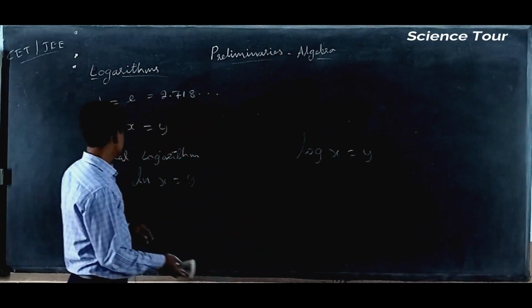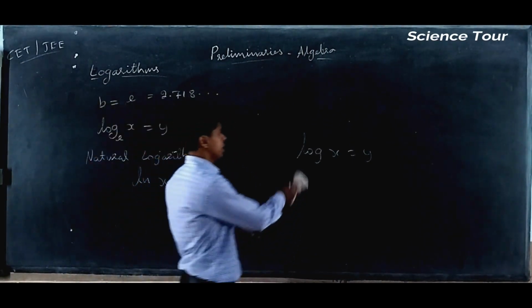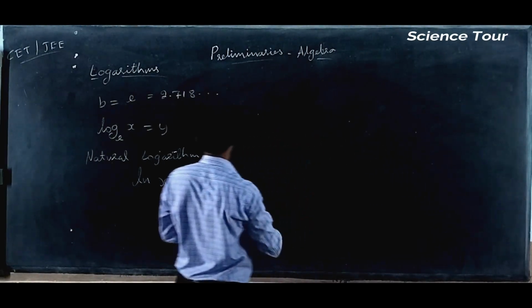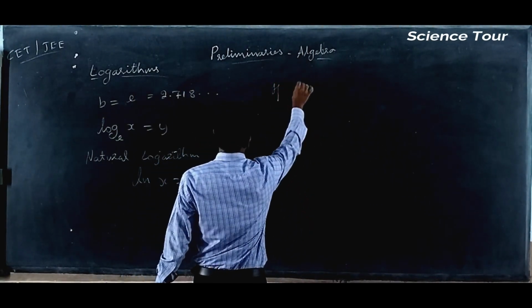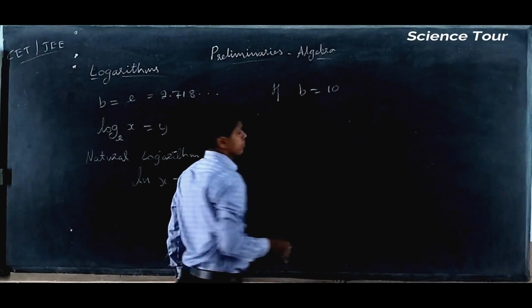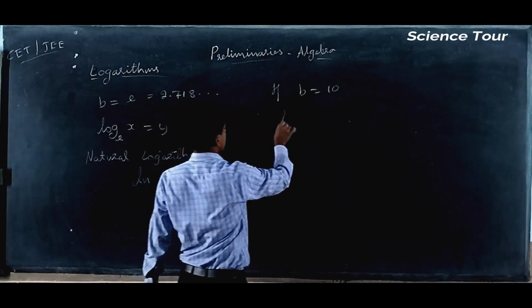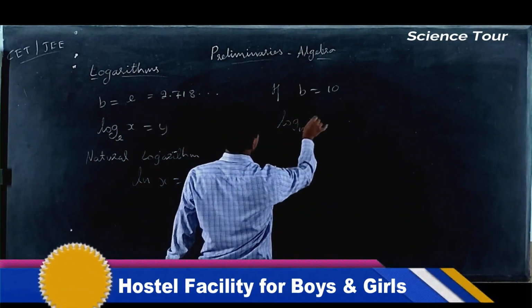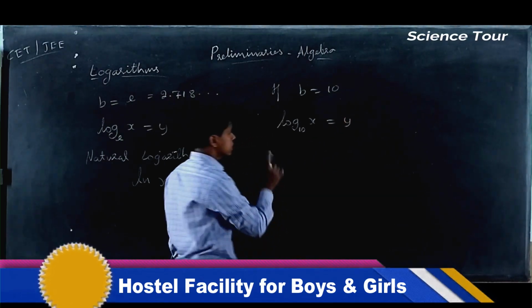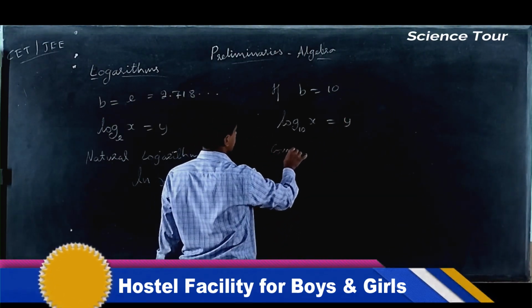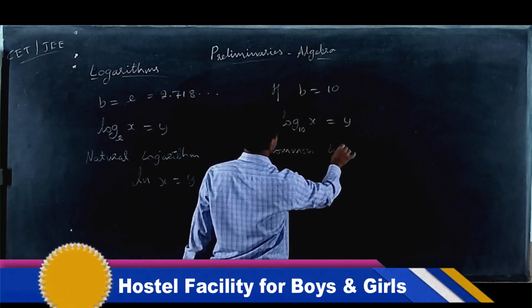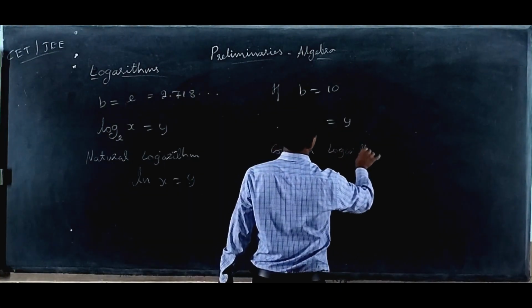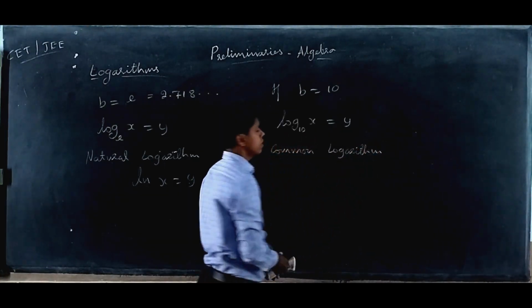Well, there is a second important base, and that is 10. If the base is 10, then log to the base 10 of x is called common logarithm.